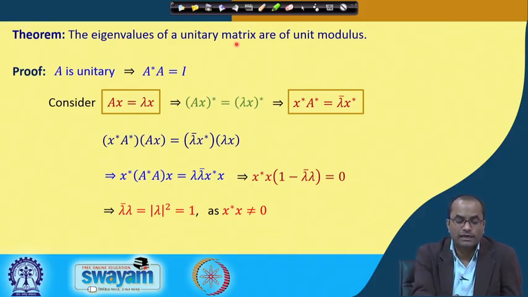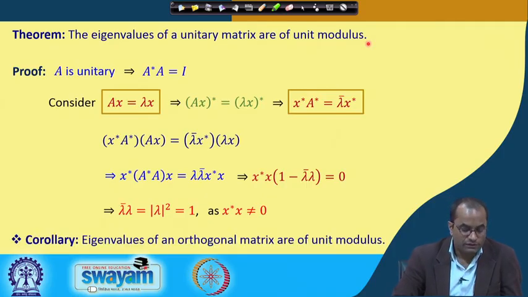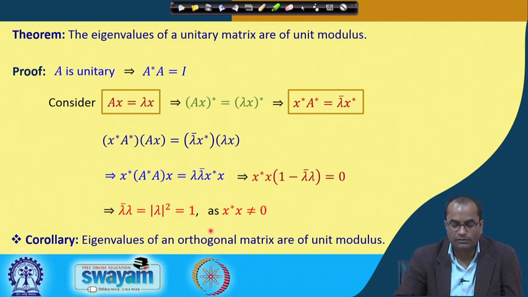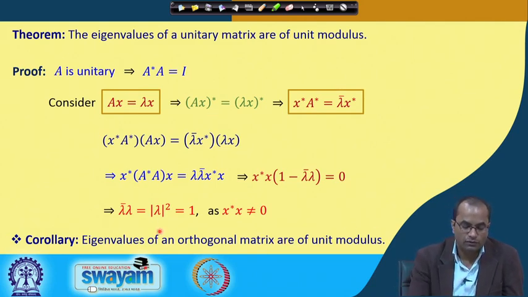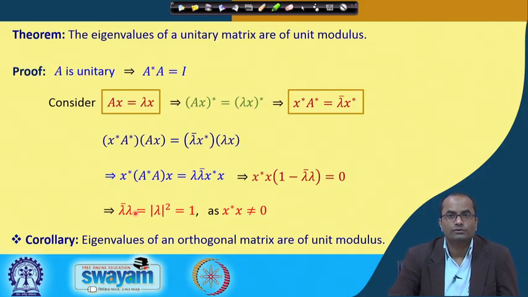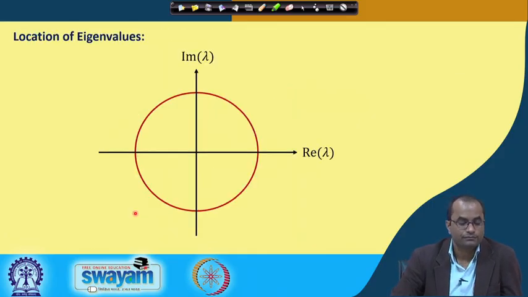So, the eigenvalues of the unitary matrix are of unit modulus. The same result we can also use for orthogonal matrices, because they have the same property, A transpose A is equal to I. For orthogonal matrices also we can prove it with absolutely the same steps, and we can again prove that their eigenvalues are also of unit modulus.